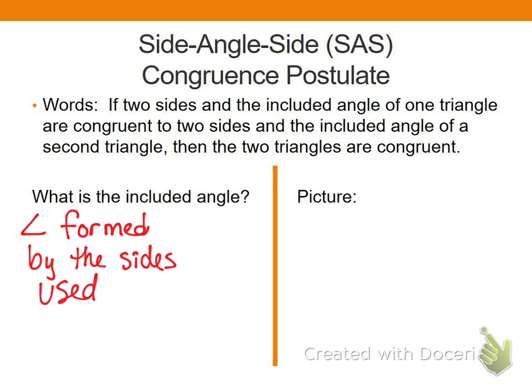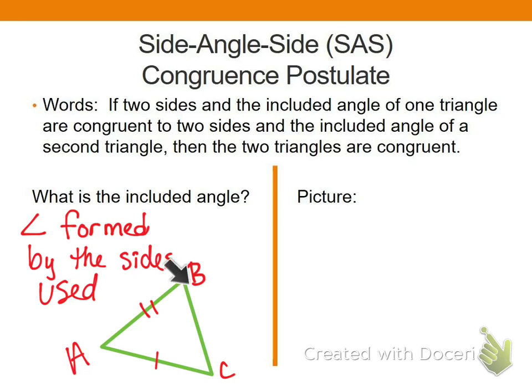So we could draw a picture for the included angle. If I mark this triangle as A, B, C, and I'm using sides AB and AC, which angle is included in between those two sides that I marked?